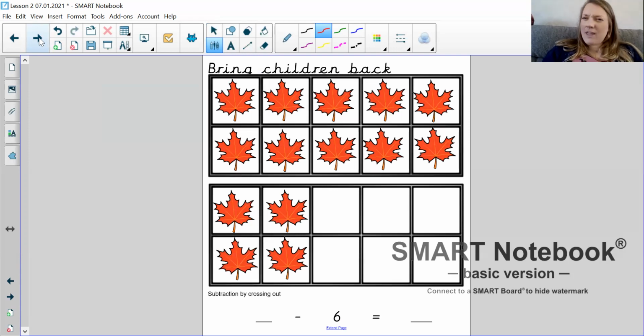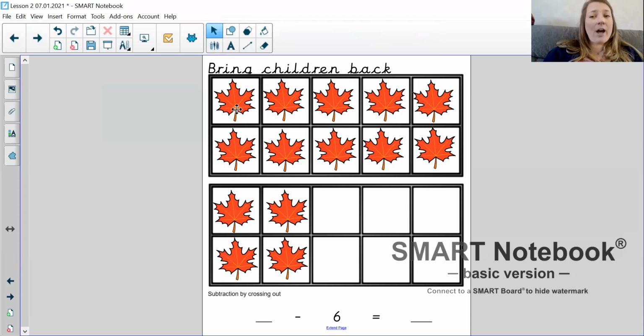Okay. The other part of our learning objective today was to subtract using a tens frame. So here we have got some leaves. Let's have a look and see how many we have. Now I know I do not need to count how many leaves there are in the top tens frame because I know that a full tens frame is 10.